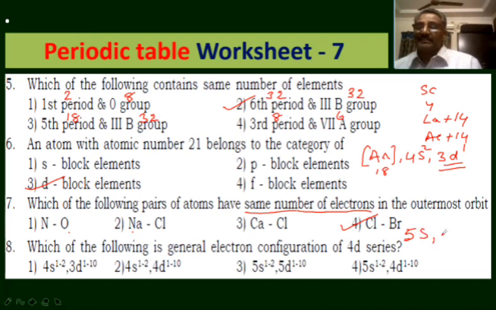After 5s, the electrons are filled in 4d. 5s can accommodate 2 electrons, but in some elements the number of electrons in the s orbital will be 1 only. So the general electronic configuration is 5s 1 to 2, 4d 1 to 10. Here the fourth option is the right option.